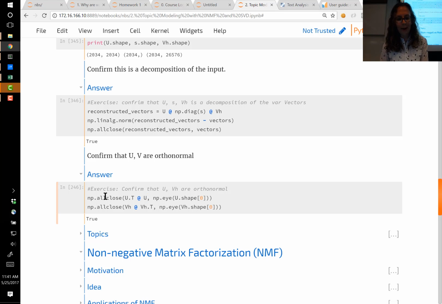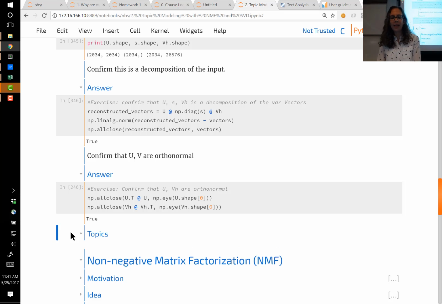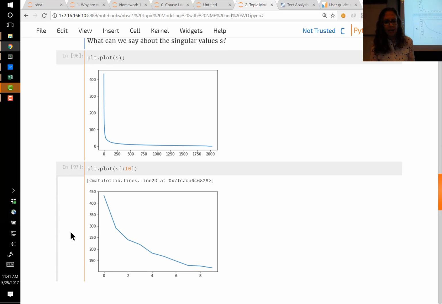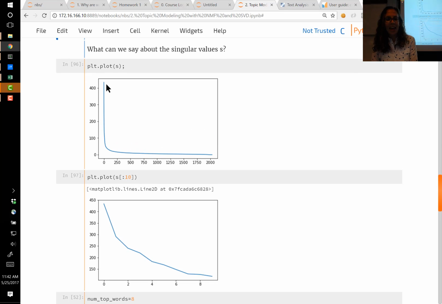All right, so now we've confirmed that we got what we expected with the SVD. We can look at the singular values, and remember that these are giving us a measure of importance. Notice that it drops off very quickly. There are some pretty high values for importance with the first few singular values, and then it really drops off.